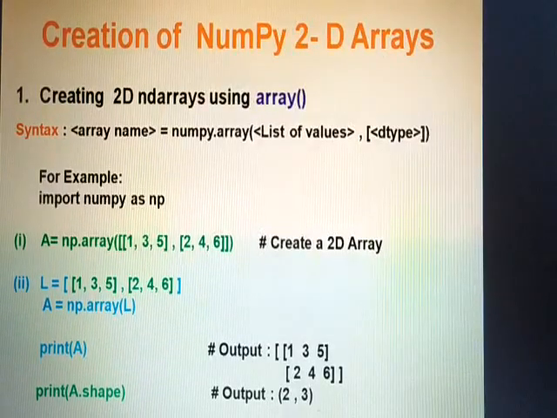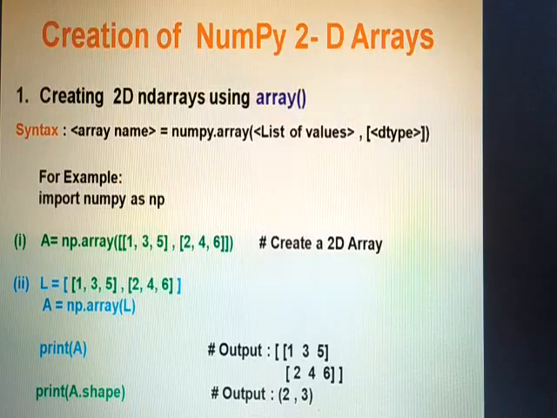Students, you already used this function for creating a one-dimensional array. Similarly, the array function can also be used to create two-dimensional or n-dimensional ndarrays. But the only thing you need to take care of is that the list or tuple you are passing to it should be a two-dimensional list or tuple.